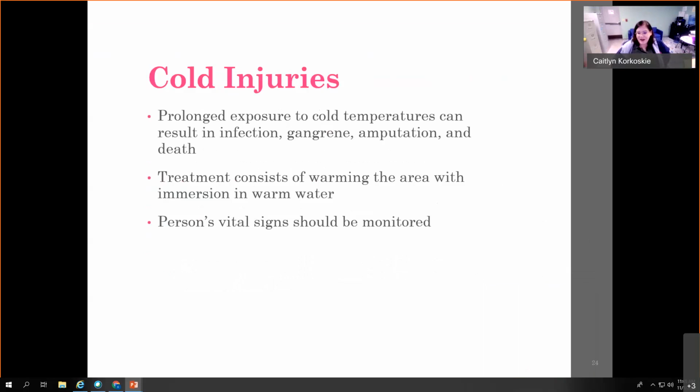A lot of times it just needs to be treated with consistent warming of the area. Very rarely does it result in an infection or amputation.